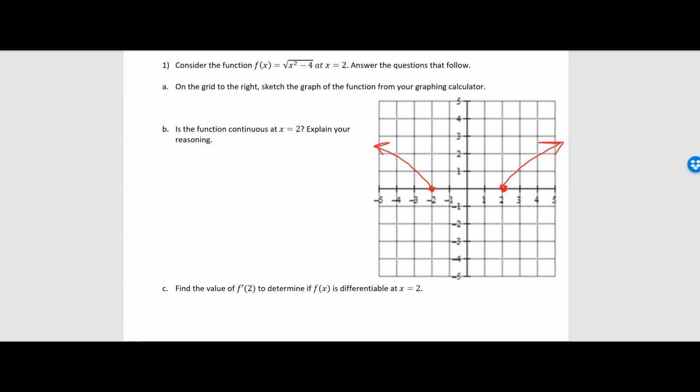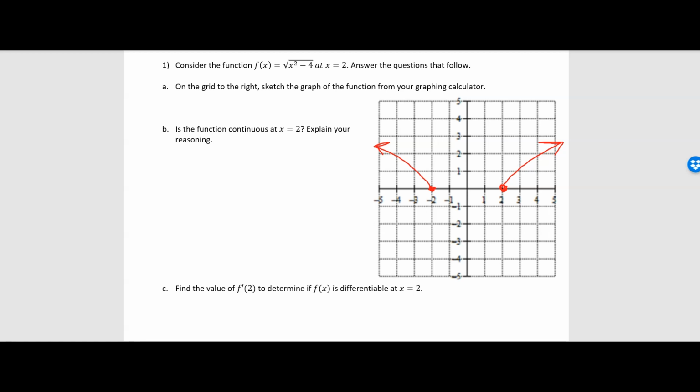Now our second question was, is the function continuous at x equals 2? Well, we have to think about our definition of continuity. The function has to be defined, which it is. We have a point at x equals 2. The limit of the function as it approaches 2 has to exist, and we'll discuss that one because we may not get past this criteria.